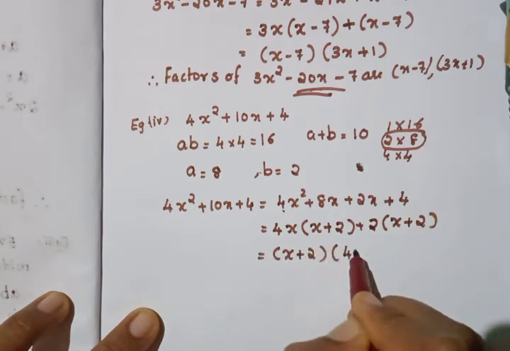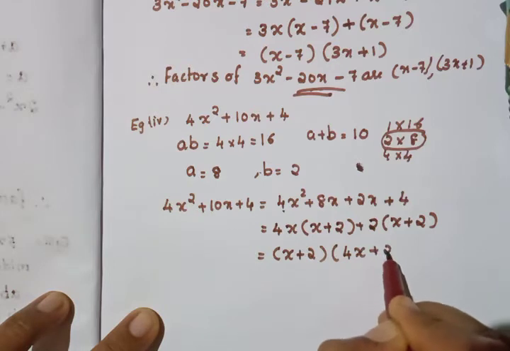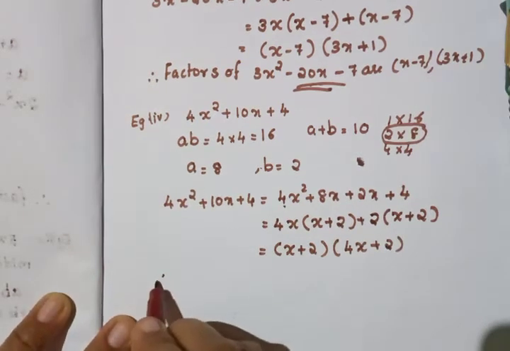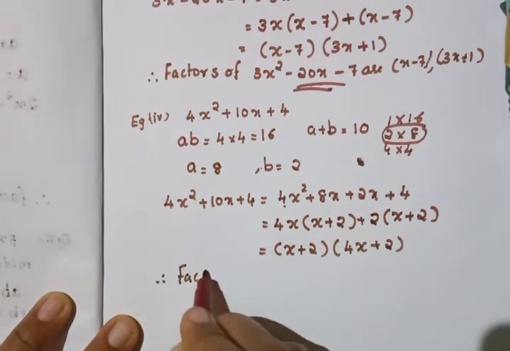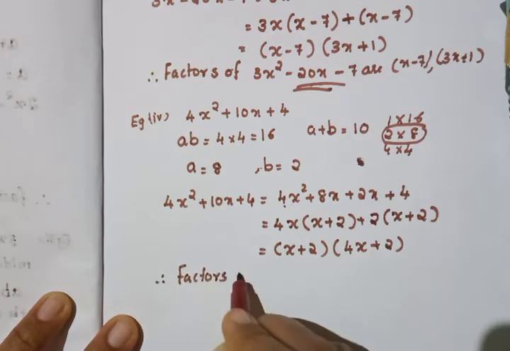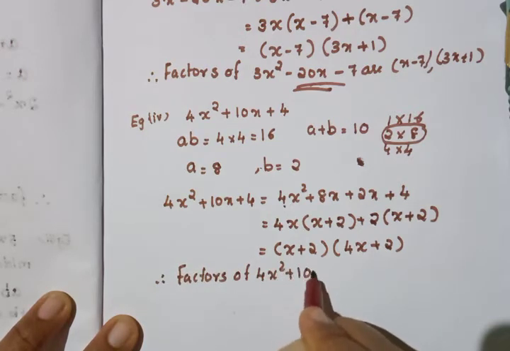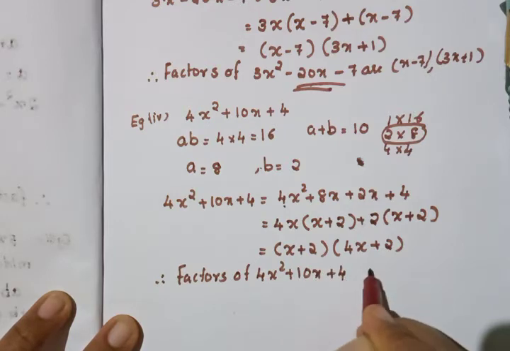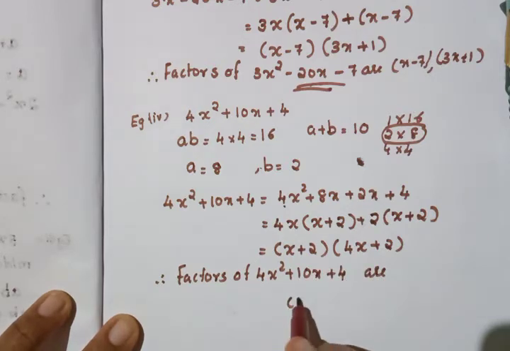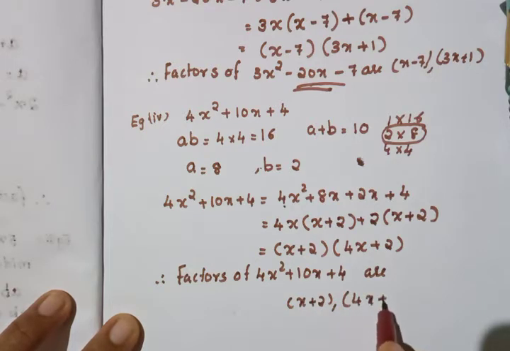What is remaining here? 4x plus 2. Therefore factors of 4x square plus 10x plus 4 are x plus 2 comma 4x plus 2.